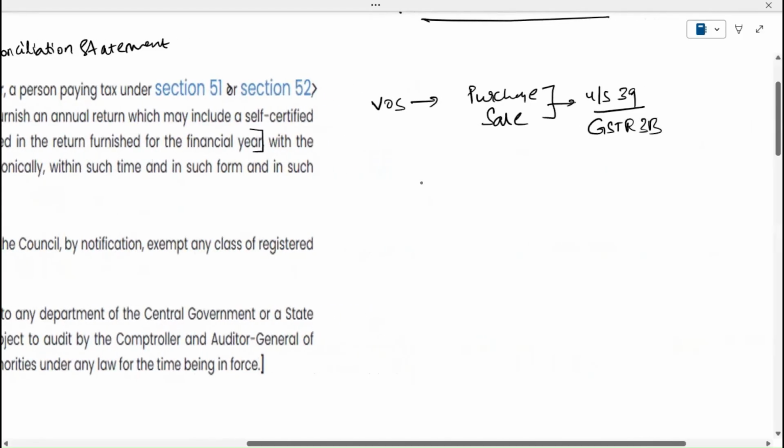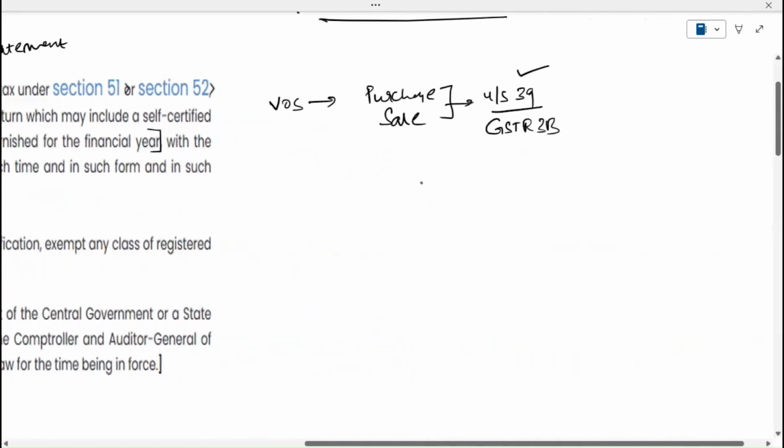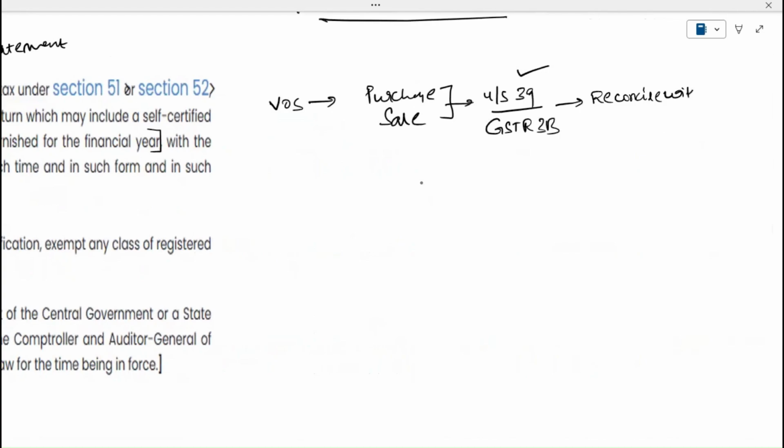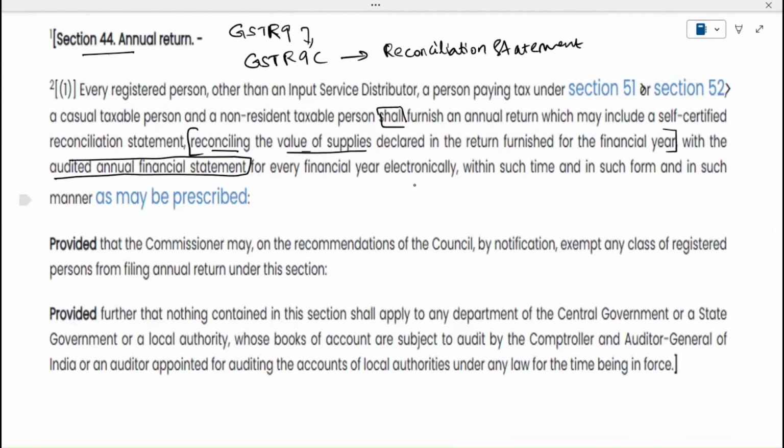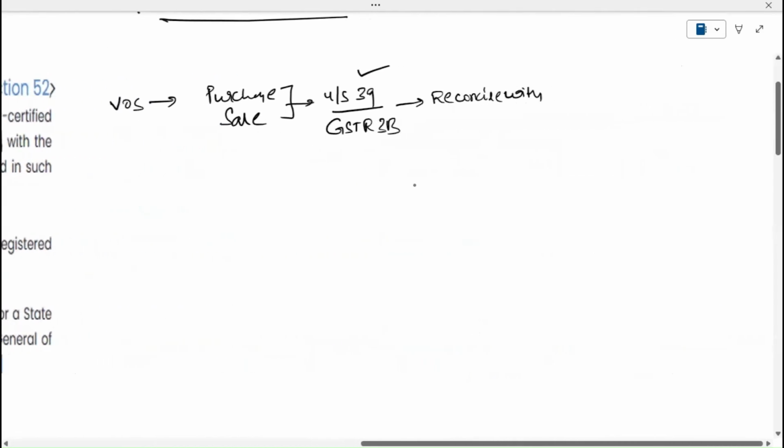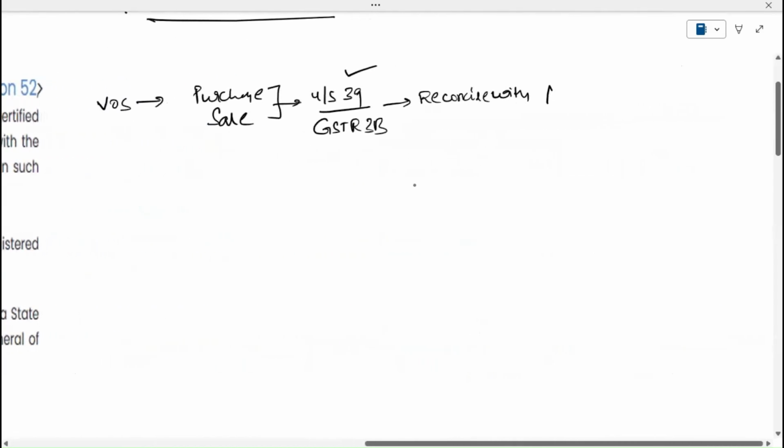The law is expecting that, look, you have your purchase and sale, which was already declared in GSTR 3B. You match or you reconcile with what? With the audited annual financial statements.